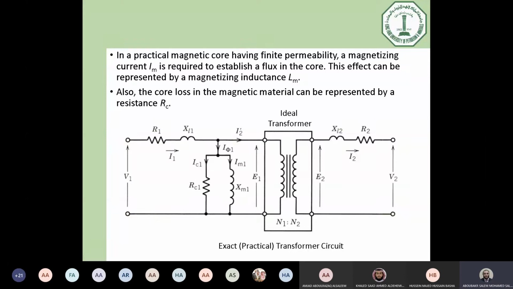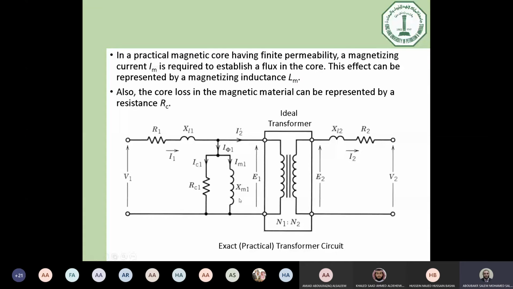So in order to emulate the practical transformer, we have the primary winding of R1 and XL1. We have the magnetic core equivalent circuit, which is RC1 in parallel with XM1.